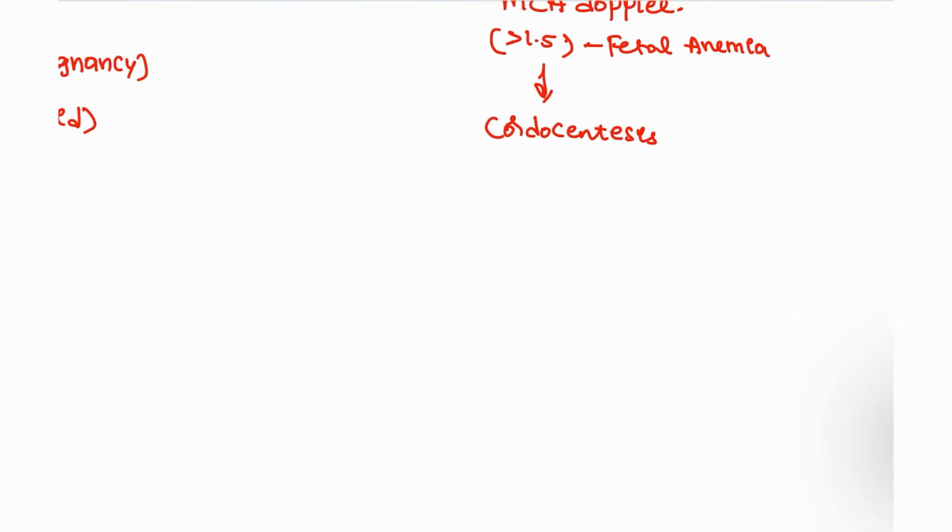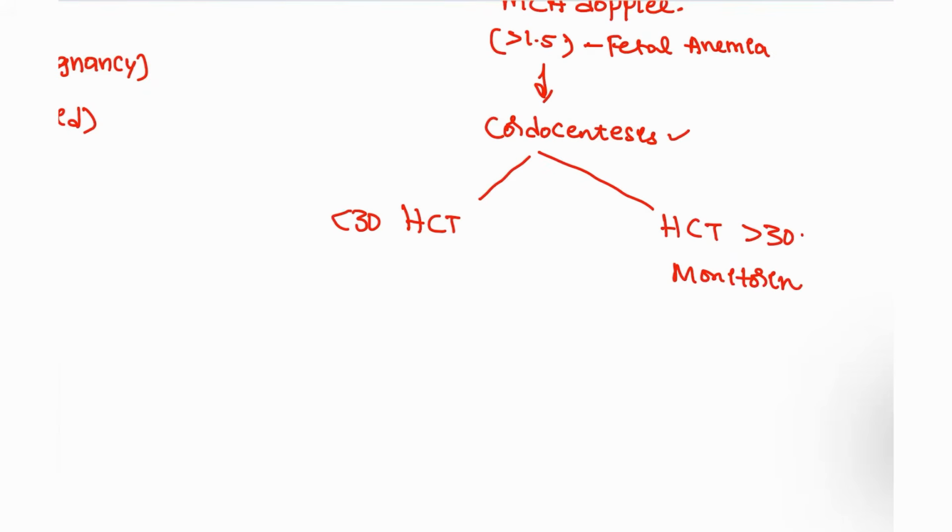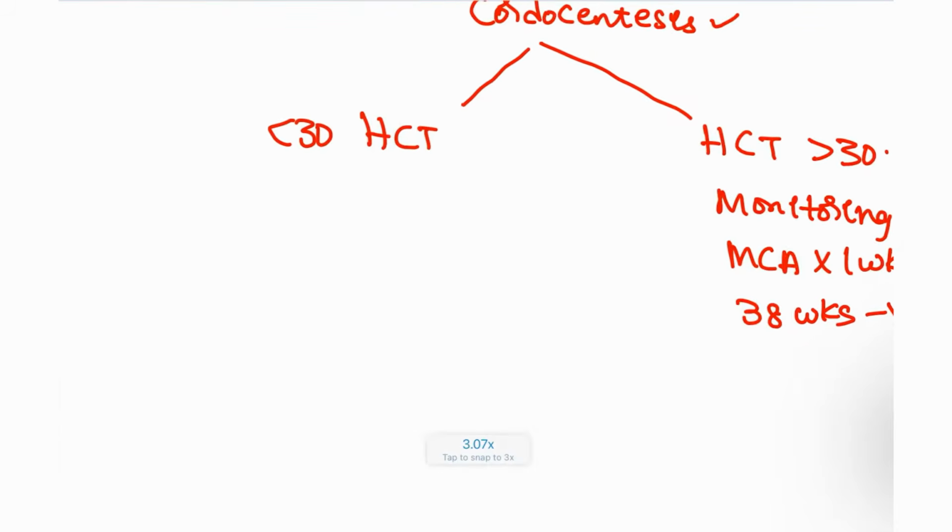And the fetal blood, when taken from the cordocentesis, you are going to check the hematocrit, right? Hematocrit less than 30 or hematocrit more than 30. More than 30 means only monitoring will be done. Every week you are going to do the MCA, and then you can go for vaginal delivery at 38 weeks. This is done for hematocrit more than 30.